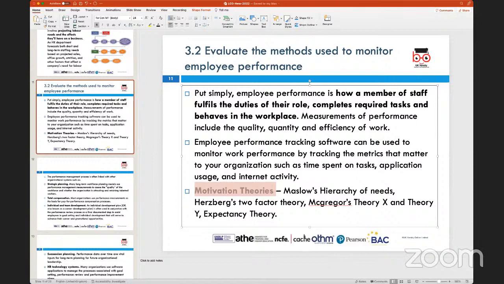Sometimes now, because of technology, organizations also use what is called employee productivity software or performance tracking software, and these can be used to monitor the work performance of an employee. One such software that we know, and some of you would have had access to and used, is the Salesforce software, or CRM, Customer Relationship Management software. This software is an integrated package which records activities they perform, like calling, sales, emails, or getting in touch with the customer.